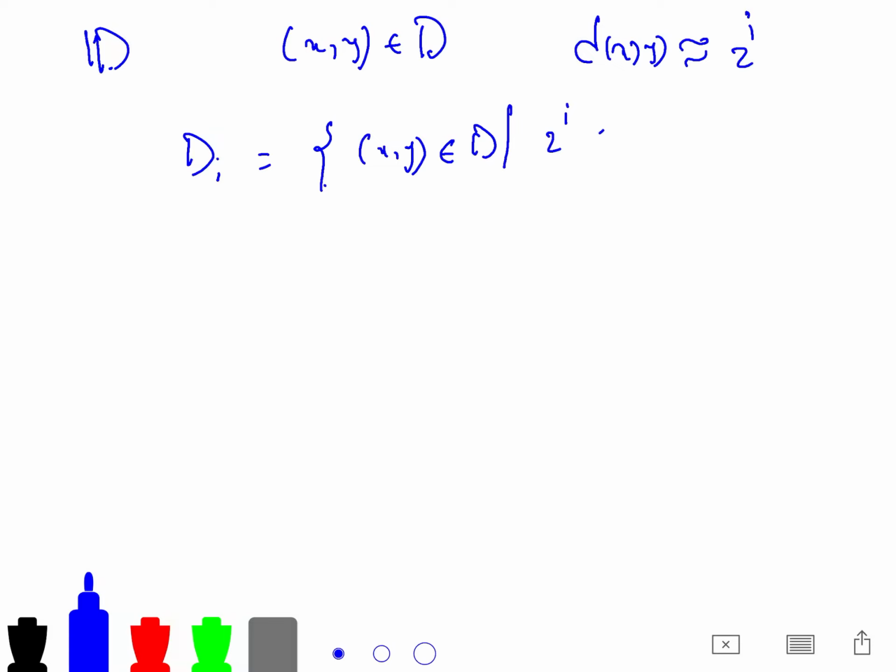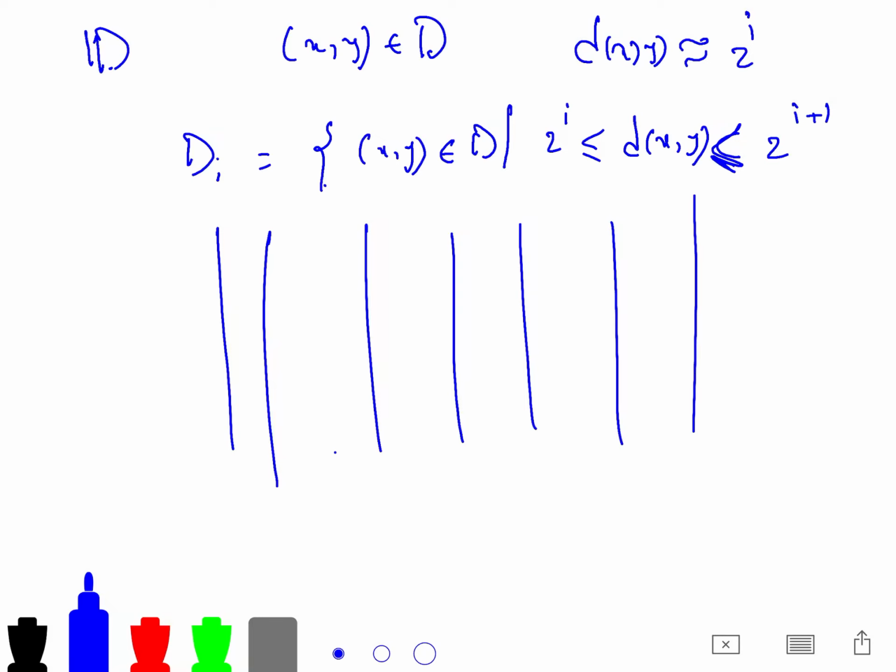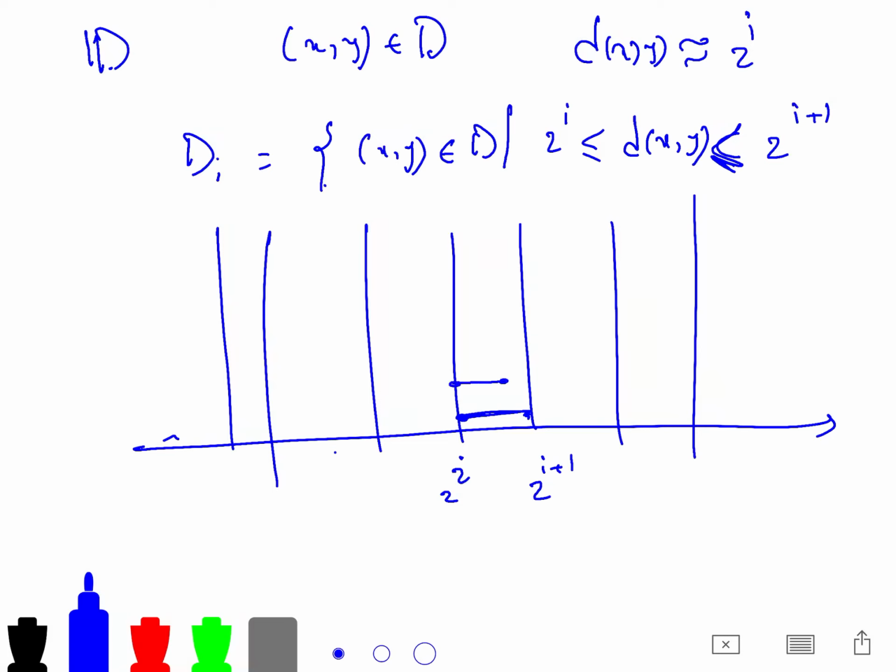So D_i is all X and Y such that their distance is between 2 to the i and 2 to the i plus 1.